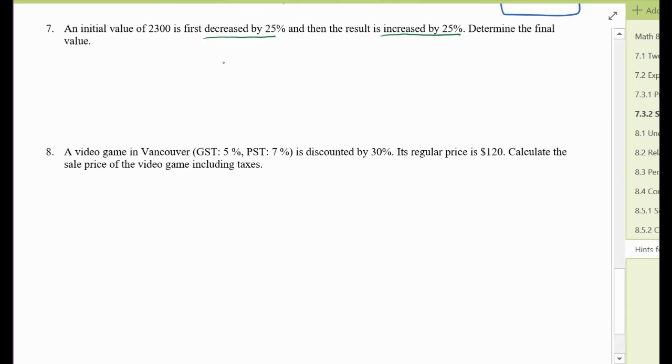Decrease by 25%. When you see this, I want you to subtract that number from 100%. Then that is 75%. And increase by 25%. Increase means you add 25% to 100%. That is 125%. So combine the percents. We're going to find the combined percent.